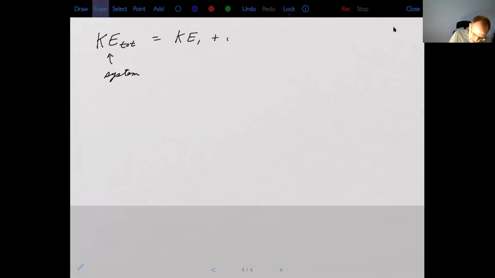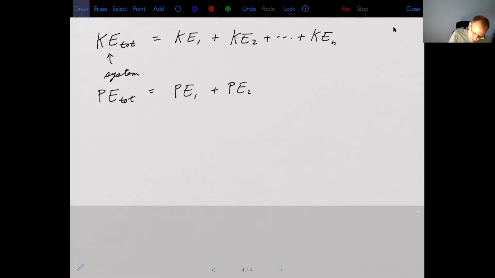So I'll write this as KE1 plus KE2 and so on, right up to KE for the nth object. And same thing with gravitational potential energy. So potential energy total for a system is the potential energy for the first object plus the potential energy for the second object and so on.